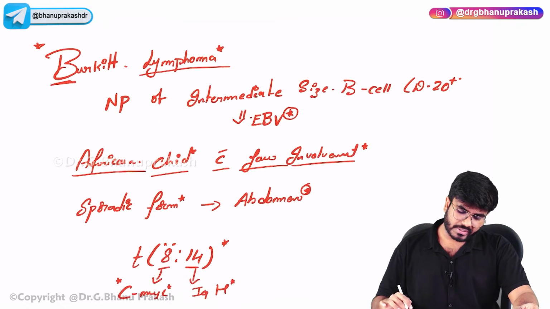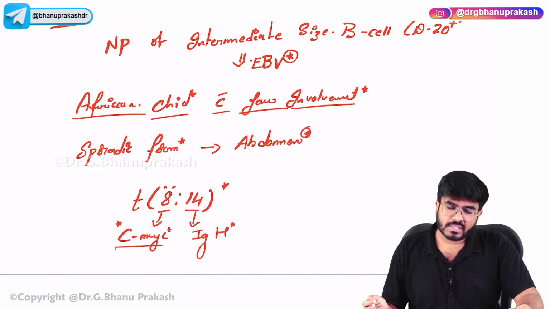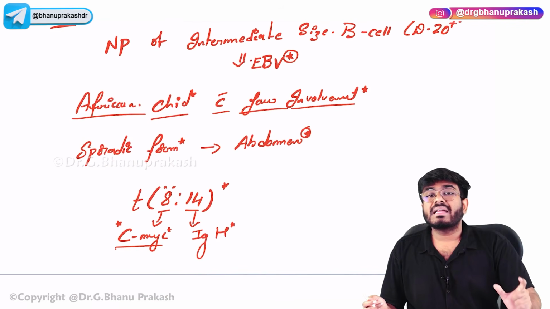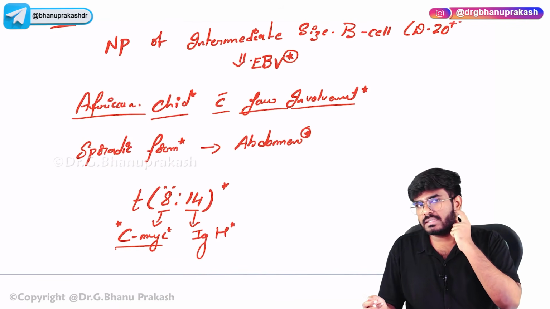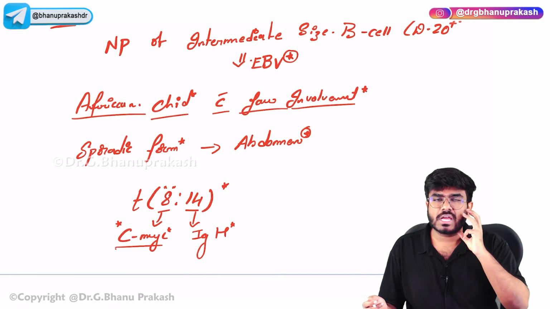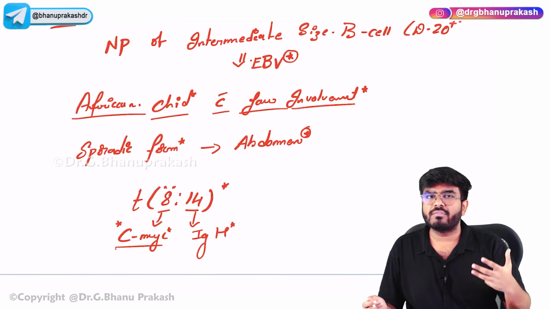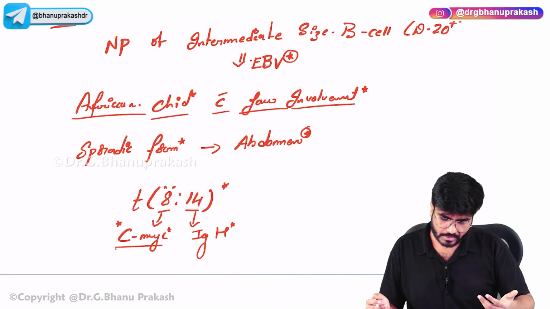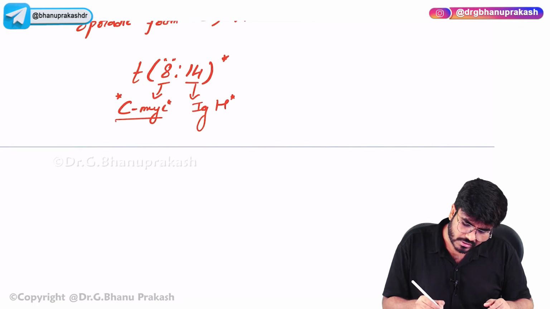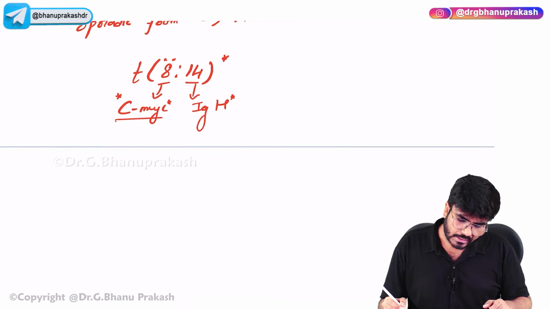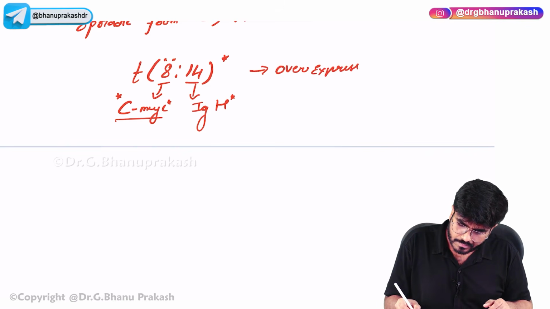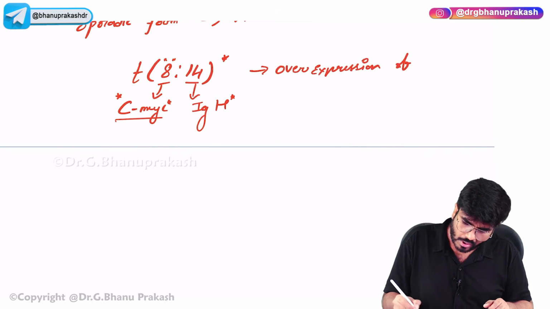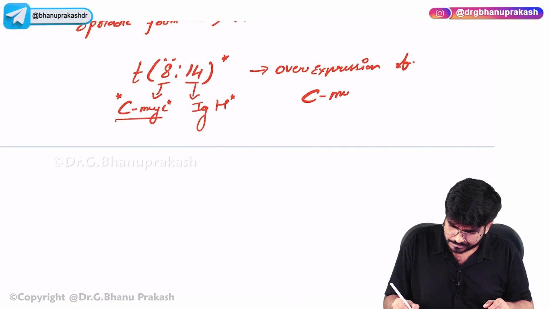So in Burkitt's lymphoma, the patient is going to have jaw enlargement because the lymph nodes in this region are getting enlarged. In the African child, that is jaw involvement; in the sporadic form there is going to be abdominal enlargement. So what is the translocation that is associated? The translocation is t(8;14), which is going to cause overexpression of the c-MYC oncogene.